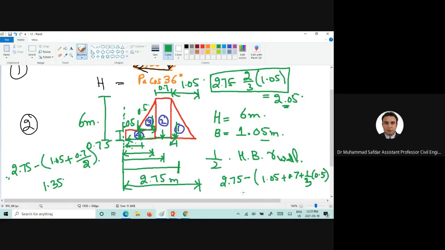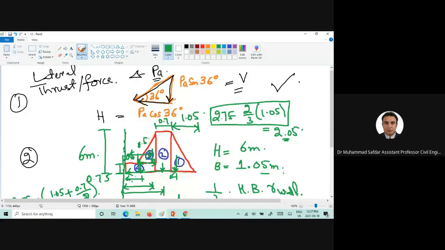So if you do that calculation, this will give us the lever arm for portion number 3, this distance. 0.83. Okay, good.